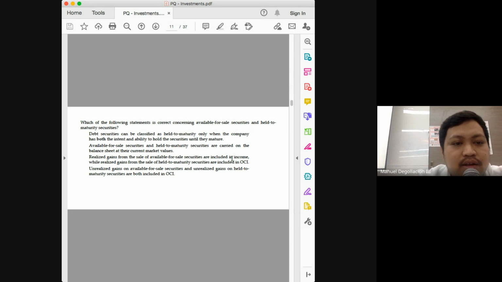Okay? Next, available for sale securities and held to maturity securities are carried in the balance sheet at their current market values. Again, this is false because while AFS is at market value, held to maturity will be at amortized cost. Letter C, realized gains from AFS are included in income. Realized, that's correct. While realized gains from held to maturity securities are included in OCI.